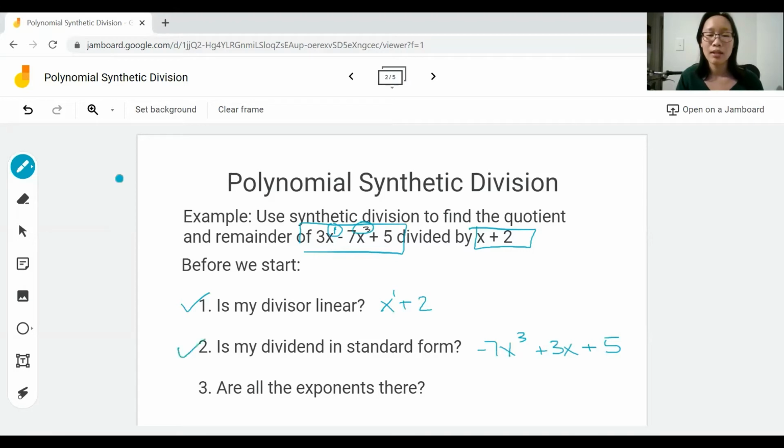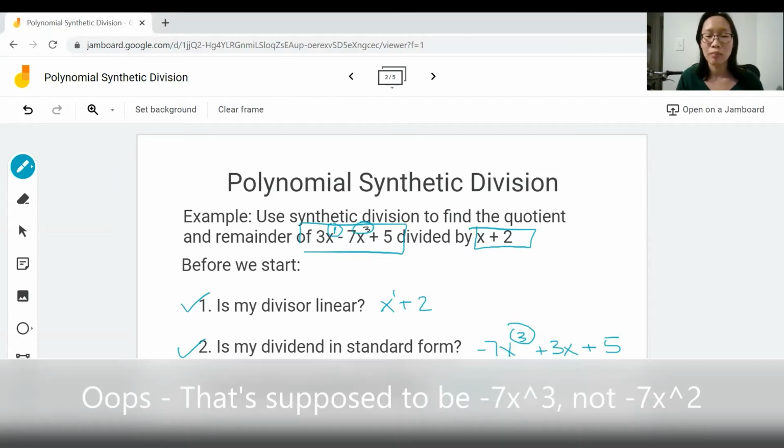All right, so now that it's in standard form, I have to ask myself, are all the exponents there? If I start at 3, do I also have an x squared and an x term? And I'm actually missing my x squared term, so I have to give a placeholder with a 0.